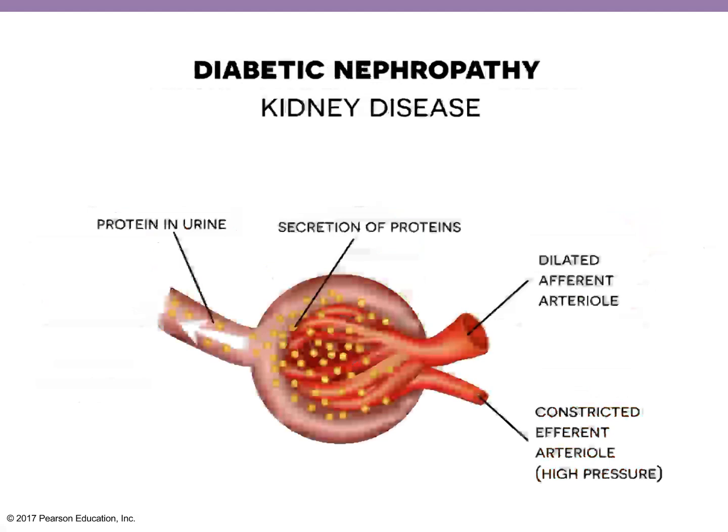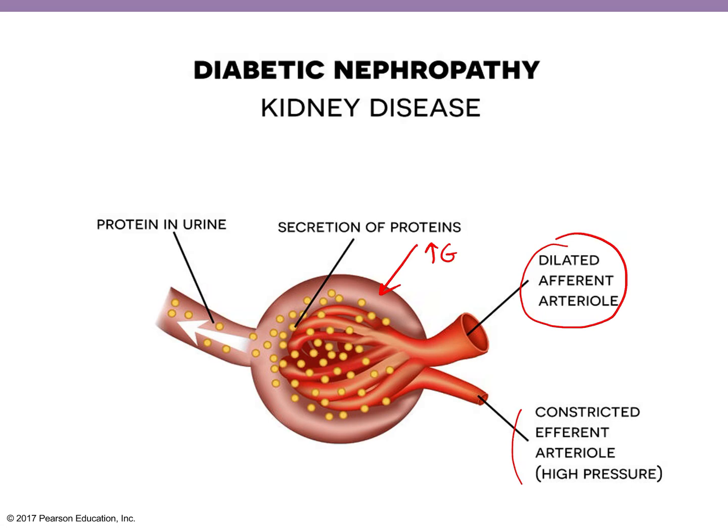Diabetic nephropathy is going to be damage to the kidney, the nephron, and 30% of diabetics will have some form of nephropathy. If you think about the microvasculature network, we're going to have dilated afferent arterioles and constricted efferent arterioles. This is going to make the glomerulus have a lot of pressure, so we're going to increase the glomerular filtration rate.